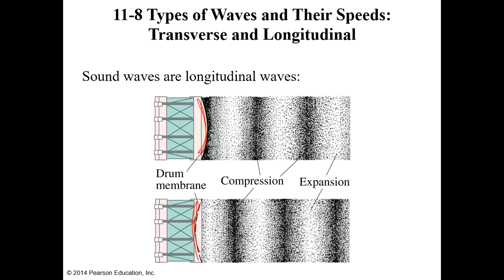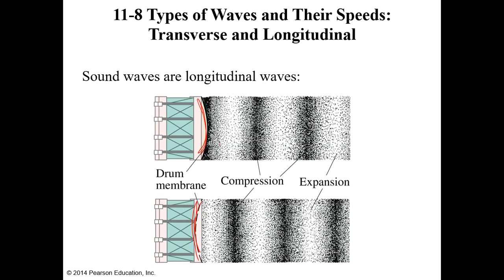And as it pushes out, it compresses all of the air in front of it. But as the drum head pulls in, it causes that air to expand. And as a result, you end up with these patterns or series of compressions and expansions of air. In other words, you have a longitudinal wave. This is how sound waves work.